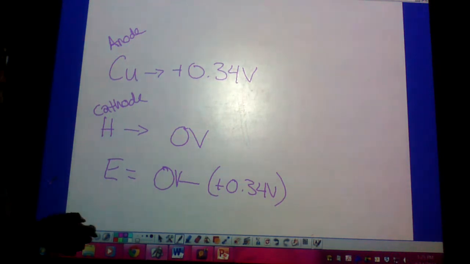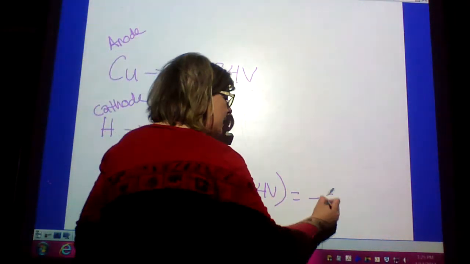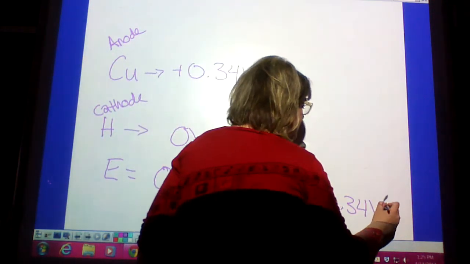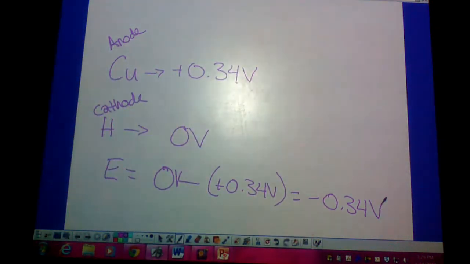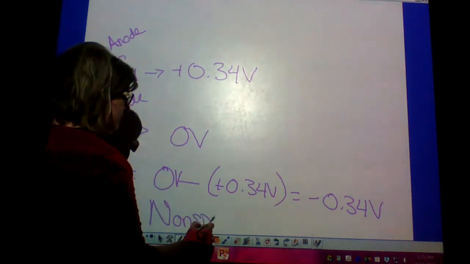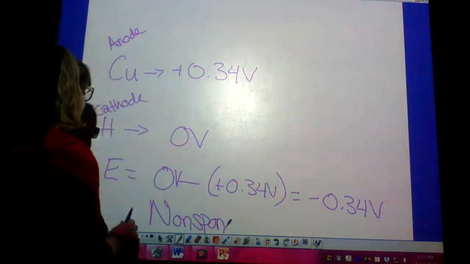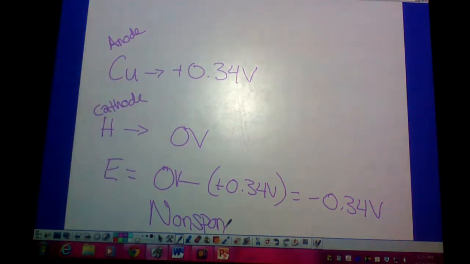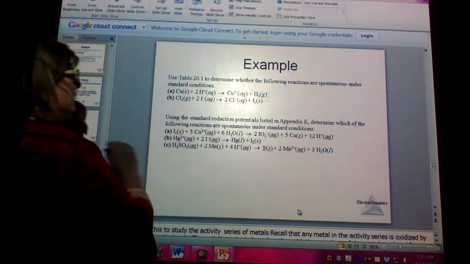So in this case, I would end up with a negative 0.34 volts if I have a copper and hydrogen cell. And if it's negative, is this going to be spontaneous or non-spontaneous? It's going to be non-spontaneous because remember, for a spontaneous one, we want E to be positive.